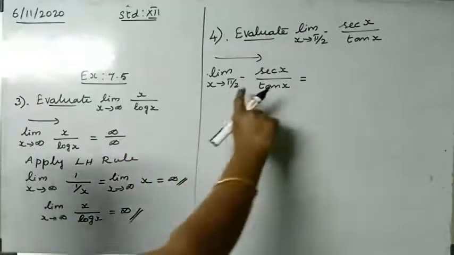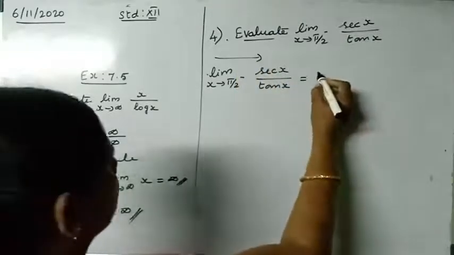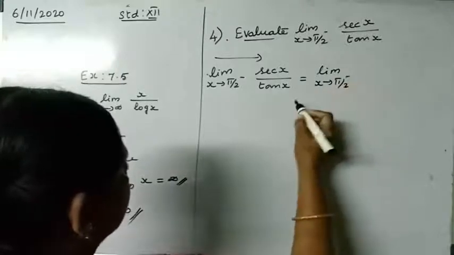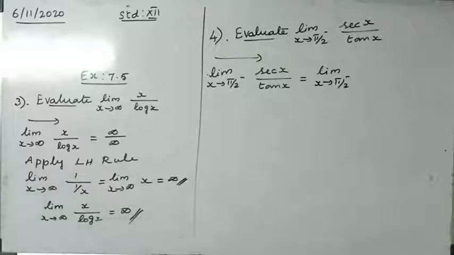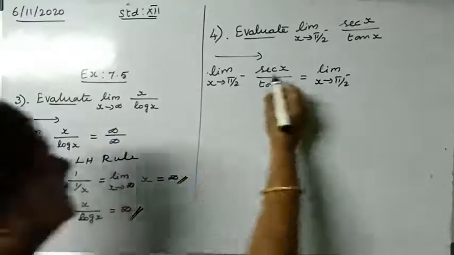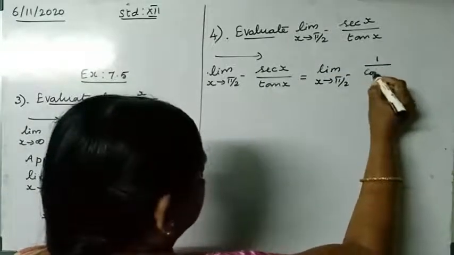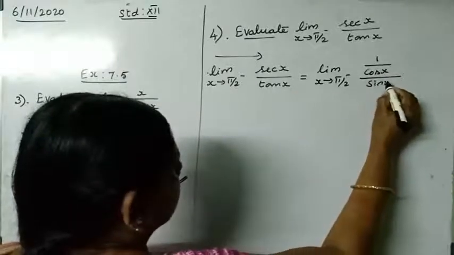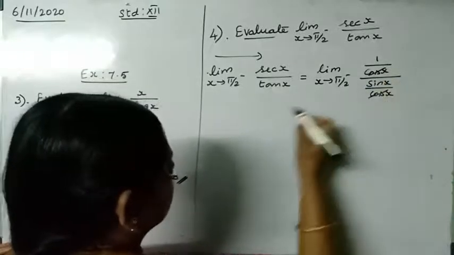So let us make some small arrangements here. So limit x tends to pi by 2 minus, take secant x. Now let us write secant x as 1 by cos x, divided by tan x, that is sin x by cos x. So cos x get cancelled.